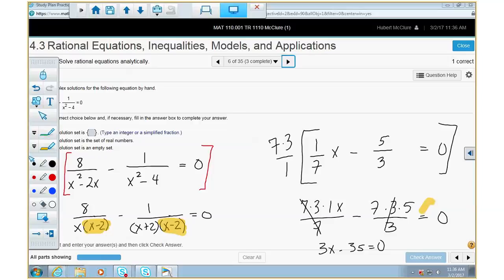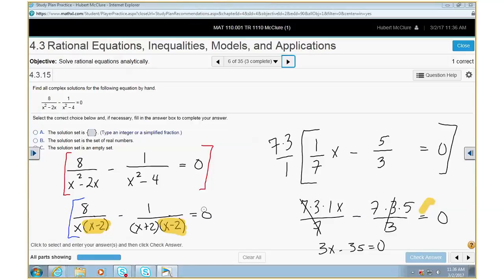So your common denominator for all of this is going to be x times x plus 2, times what? X minus 2. So I took what's not in common and put them together, and then put it with what's in common. Now I want you to distribute all of that with a baby step, especially if you struggle with this. Take a baby step and put it with each one of these and see what actually cancels out.